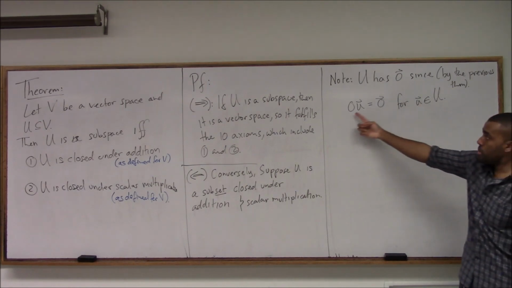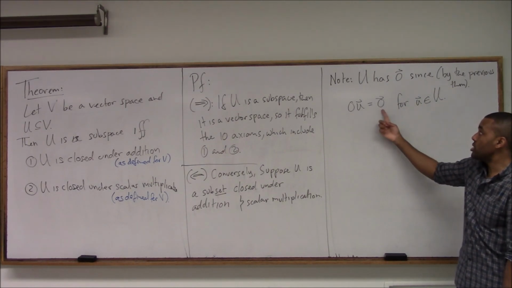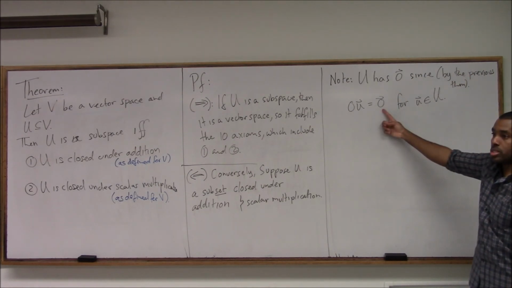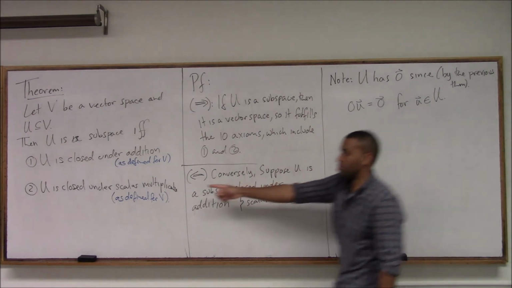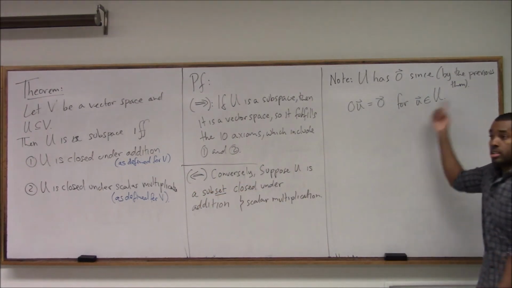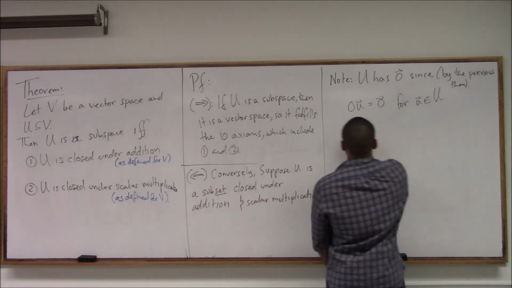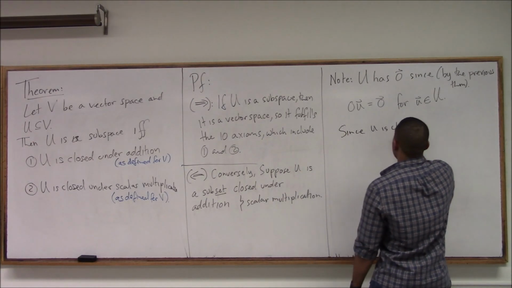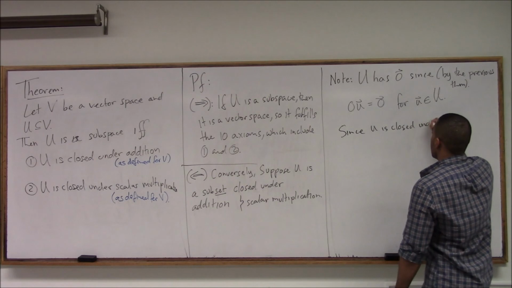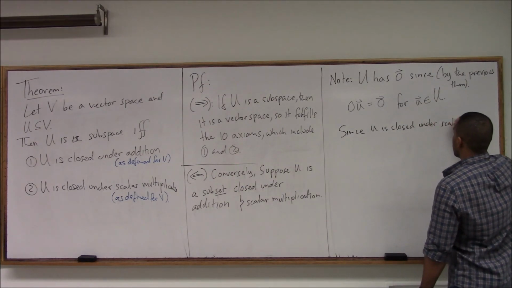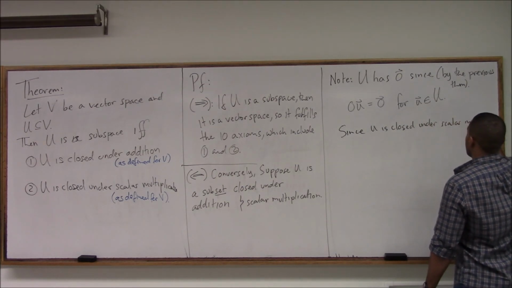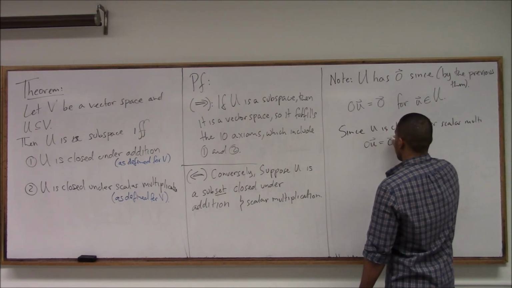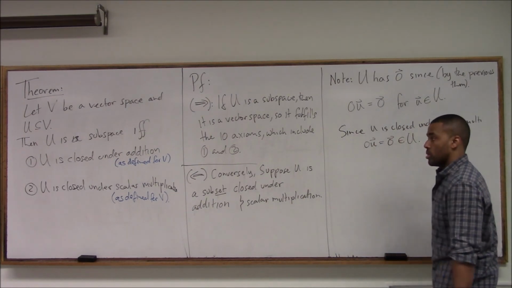If I multiply it by the real number 0, I would get the zero vector by that theorem. But since U is closed under scalar multiplication, this is in that set. So since U is closed under scalar multiplication, 0 times u equals 0 is an element of U.